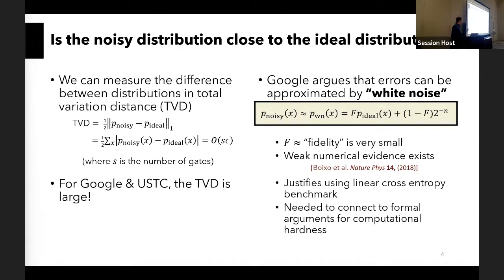Now, there are other forms, you don't have to have this approximation to be true in order for the linear cross entropy to be meaningful, but if you do know that, then you definitely know that it's meaningful. And then the second reason, which is I think more important and the motivation of this work, is to try to give a stronger argument that the task being performed on the device is actually hard for a classical computer. We'll come back to that later.